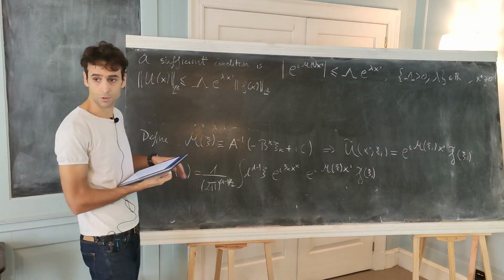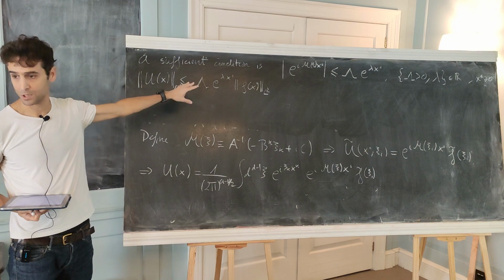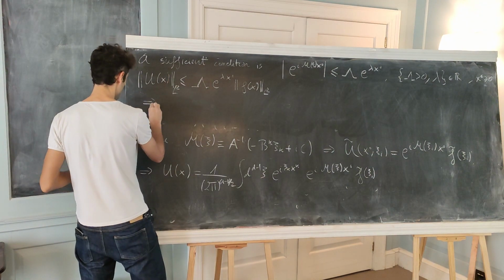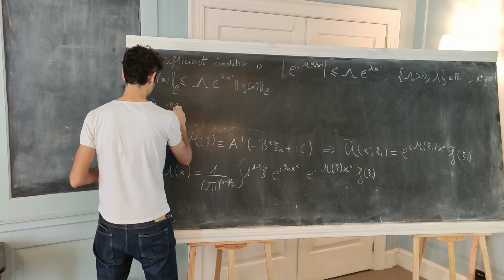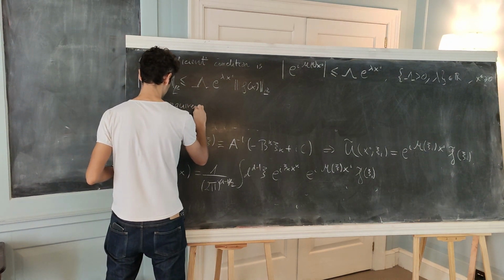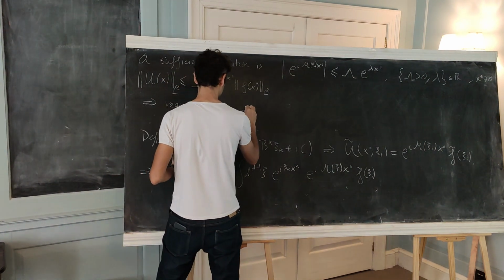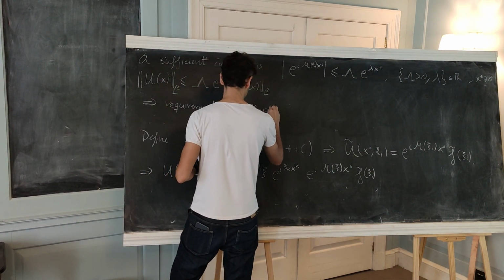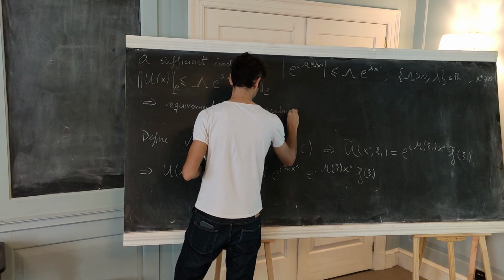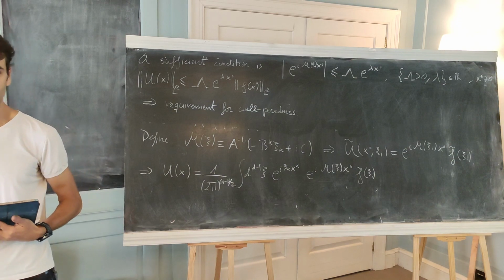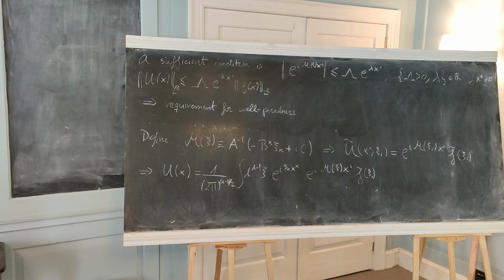So if this is true, then that's what we'll take here as a requirement for well-posedness. If you have this, then you can prove existence, uniqueness, and all of that.